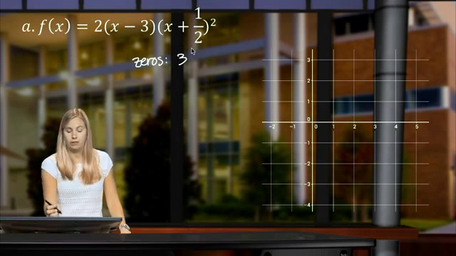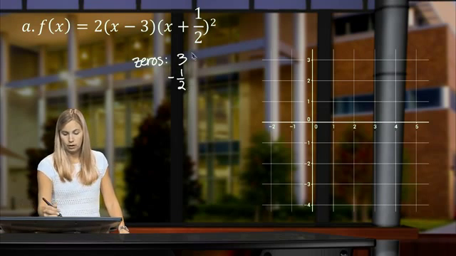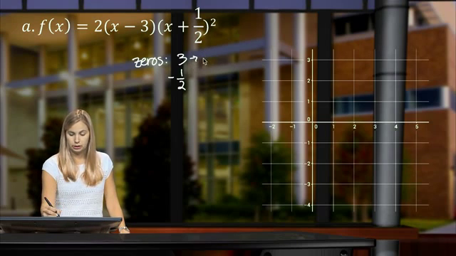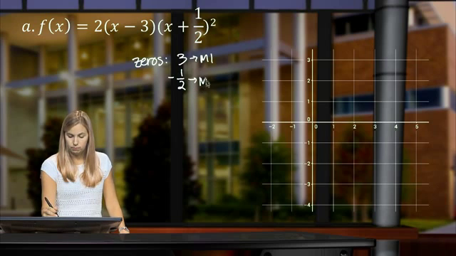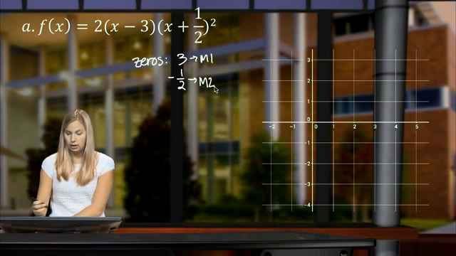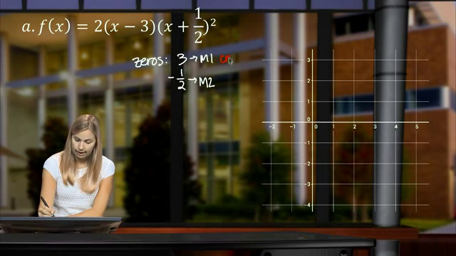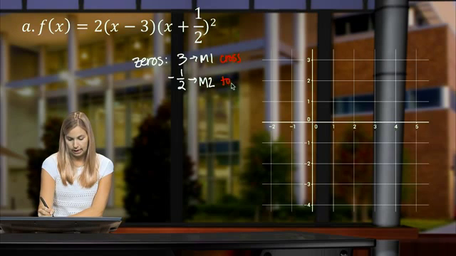And x plus 1/2 equals 0 at negative 1/2. What's the multiplicity of this first zero? It is 1. And the multiplicity of my second zero is 2. Since my multiplicity is odd here, it's going to cross the x-axis. Since my multiplicity is even, it will touch the x-axis.